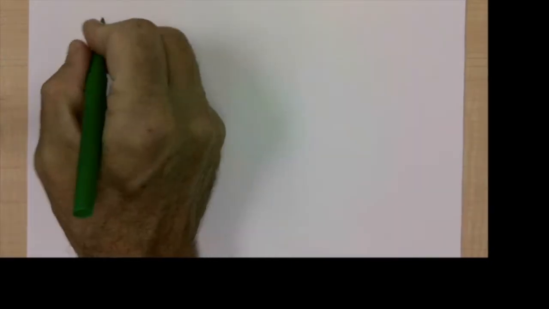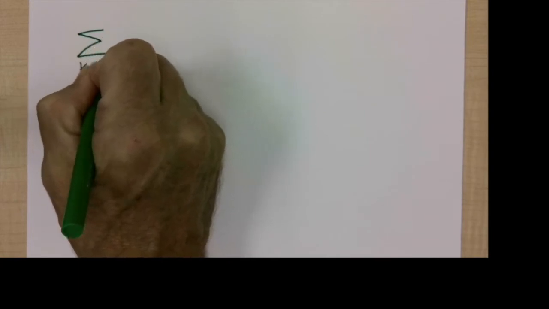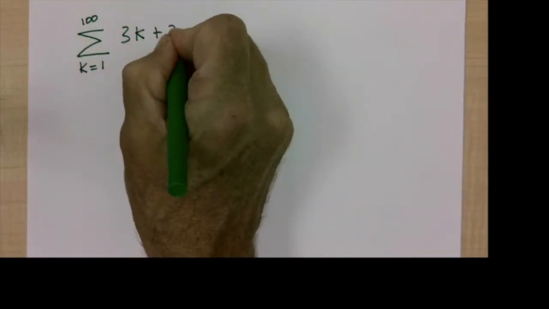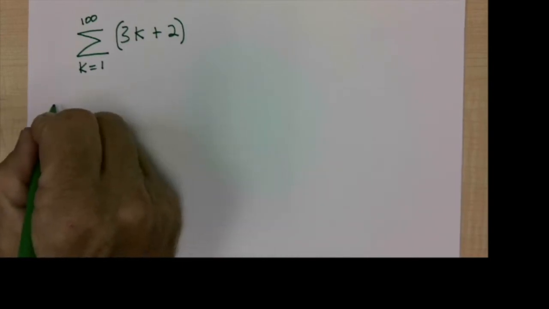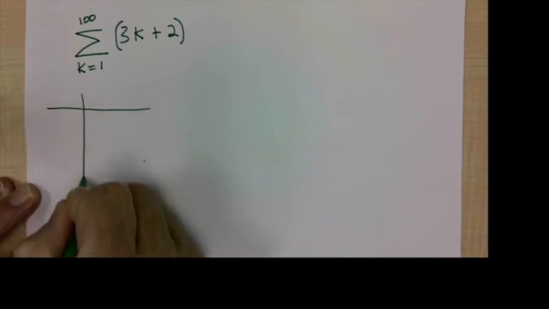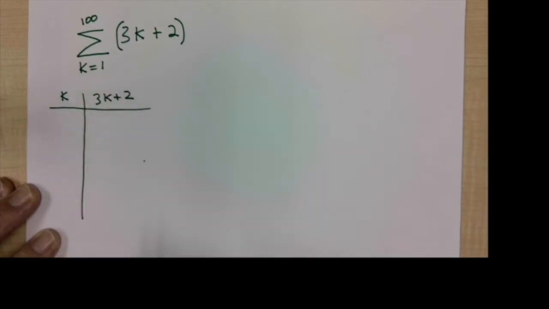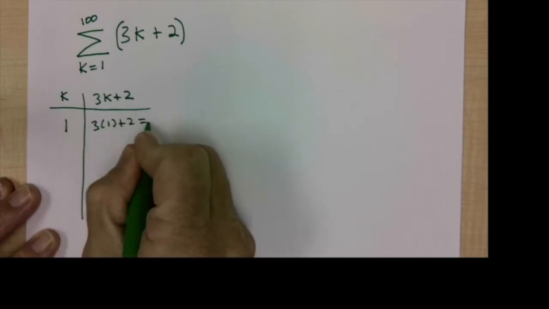This time I'm going to start with a summation notation. Let's take the sum as k goes from 1 to 100 of 3k plus 2. Now again, this is supposed to be an arithmetic series, so I should see a common difference across the board. Let's plug in values for k. If k is 1, 3 times 1 plus 2 is 5.